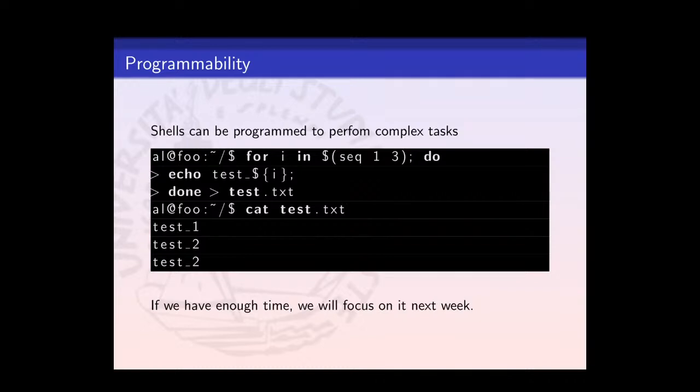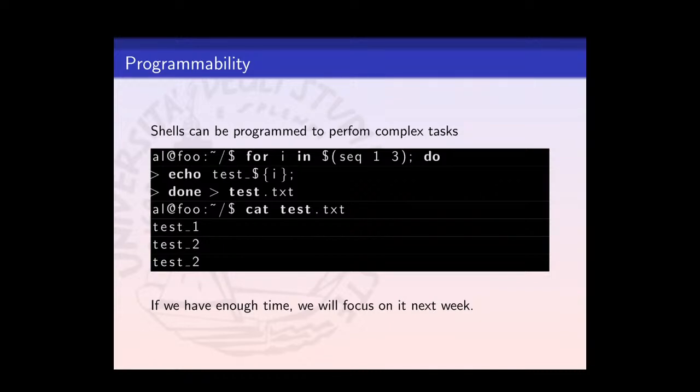What's the command seq? Well, seq is a command for the command line user interface, so you can try to use it right now on your shell, and it is meant to produce a sequence of numbers. In particular, we want to produce the sequence of numbers going from 1 to 3. So the output of the command seq 1 3 is the sequence of numbers from 1 to 3.